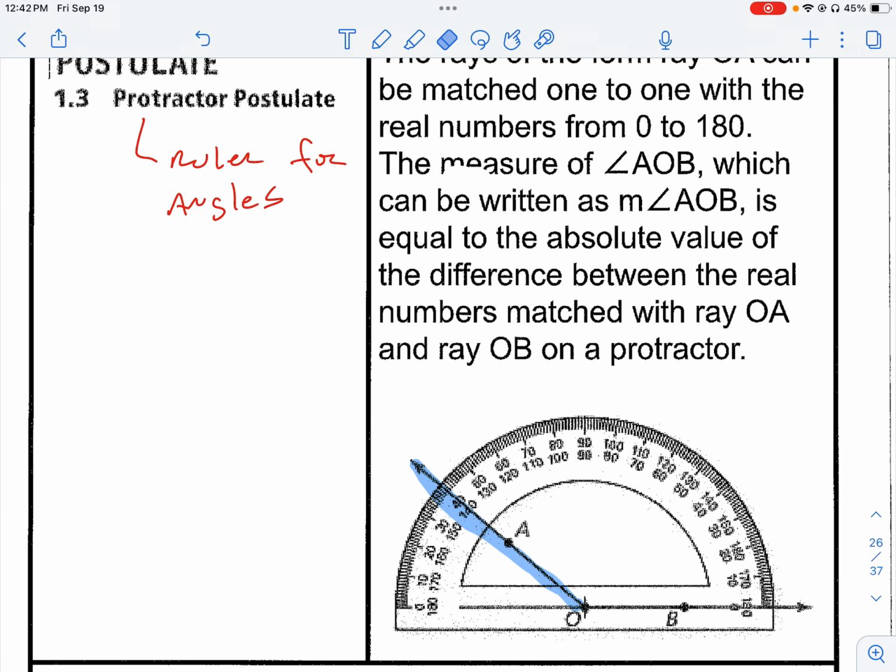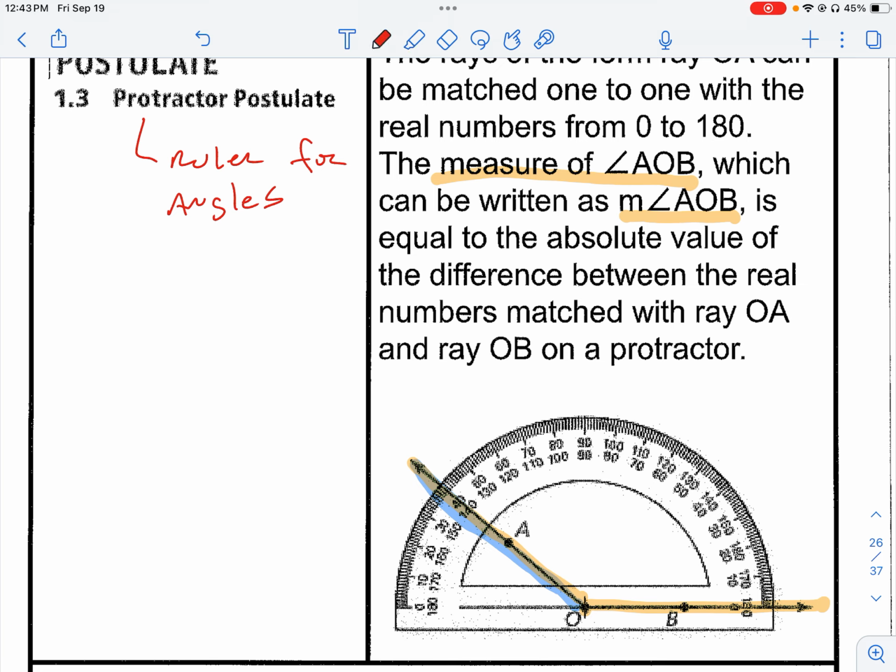Then the measure of angle AOB, let's do orange, which is this angle here, can be written as m angle AOB, and it is equal to the absolute value of the difference between the real numbers matched with ray OA and ray OB on a protractor.